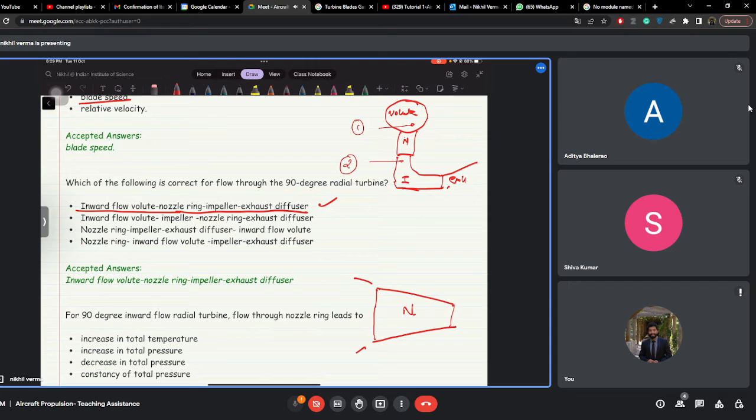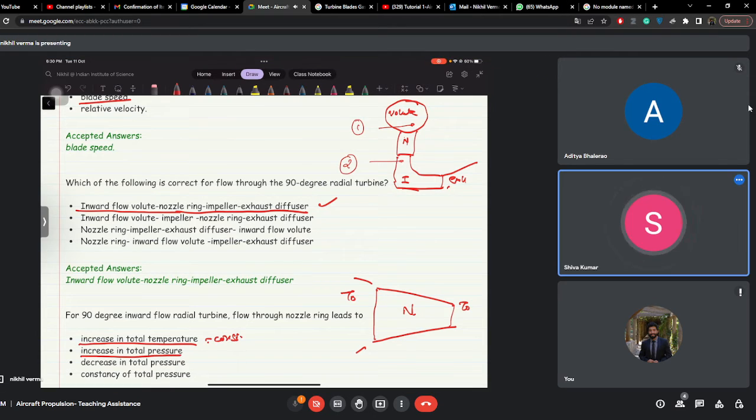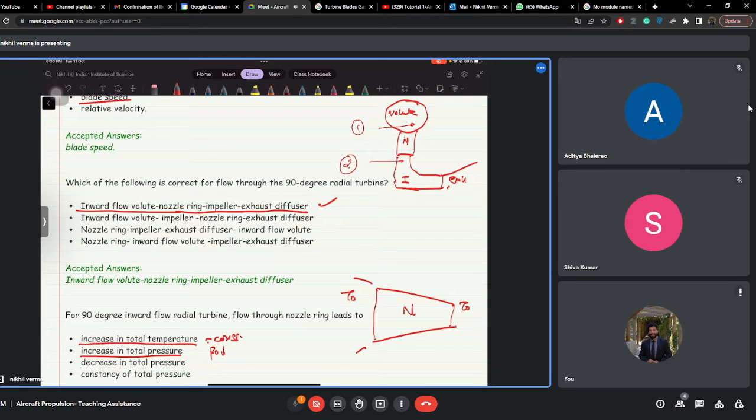Does the total temperature increase? No. What happens across a nozzle to the total temperature? It remains constant, exactly. Then an increase in total pressure? No, it should drop. P naught should decrease. A constant total pressure? No, because there are always friction losses. There are losses that contribute to this.